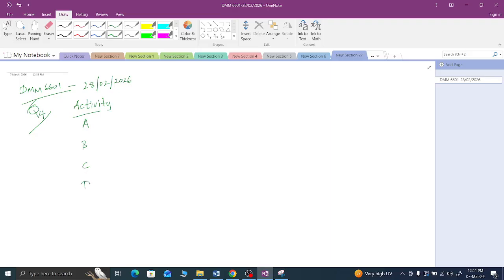By understanding that, what we have to do initially is put this activity table first, by A, B, C, D like that, and identify the immediate predecessor.